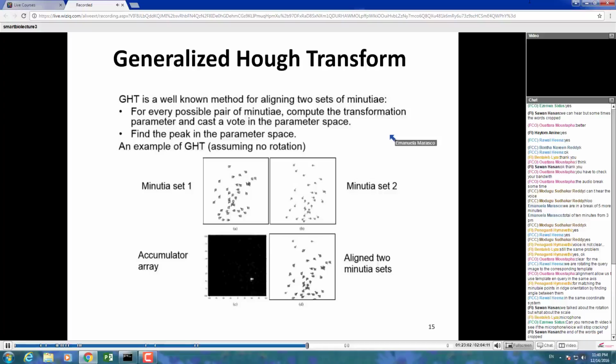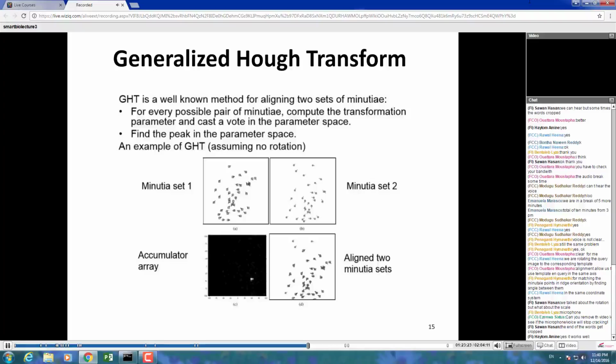So we are discussing an example of the Hough transform. The Hough transform is an example of alignment, a way to implement the alignment. For every possible pair of minutia, we compute the transformation parameters. Which transformation? The rigid one that we discussed.